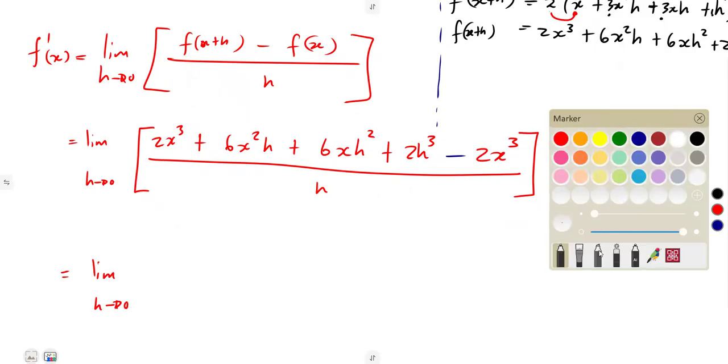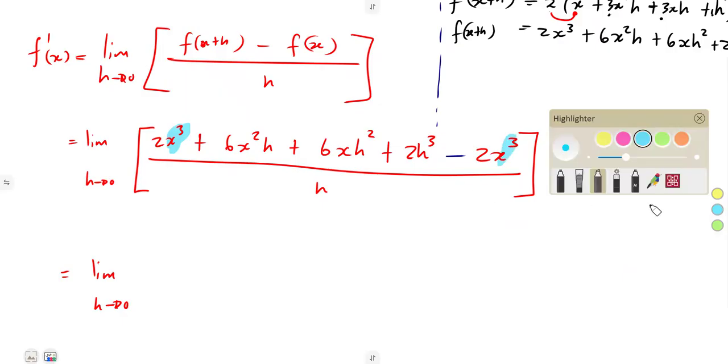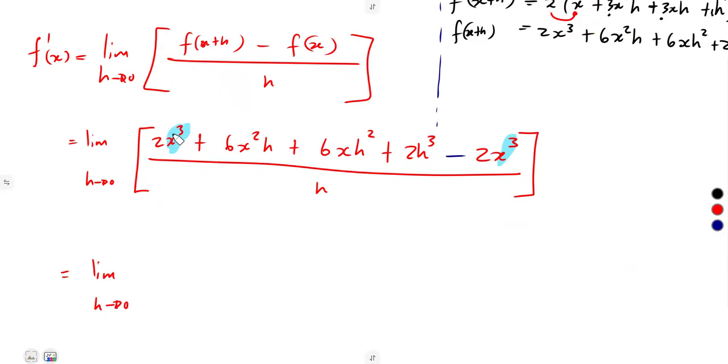We have got x cubed here, and also x cubed. Those are like terms. So we can simplify that. So that's 2 minus 2 is going to give us a 0. So it's already eliminated. So you're going to remain with these terms as they are.